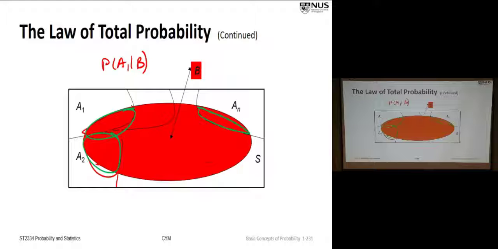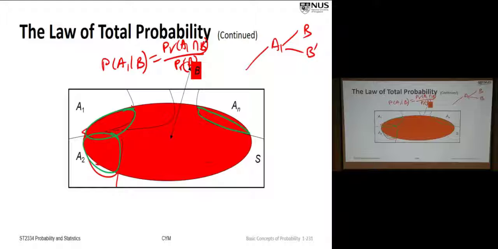Now, if you use conditional probability, it's nothing new. It's just like this: A1 intersect B, divided by the probability of B. All right? This is what Bayes' theorem is saying. So I would like to draw the tree diagram. From A1, what is the chance it gets B or B complement? From A2, B and B complement, and so on.